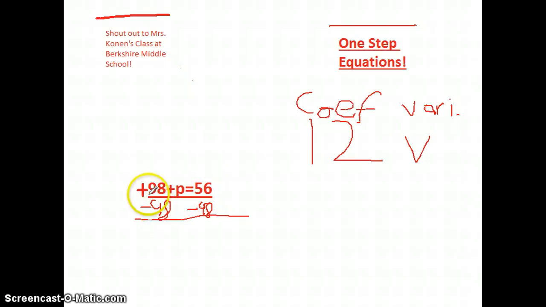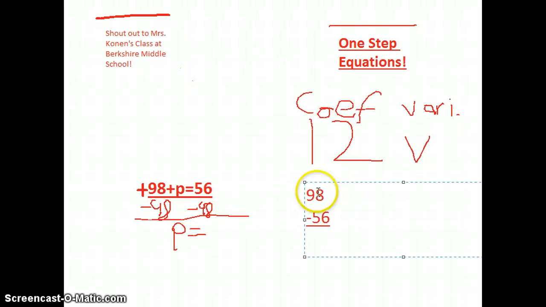So then, what you would do is put the p as itself equals 56 minus 98. Let's solve that out really quick. 8 minus 6 would be 2.